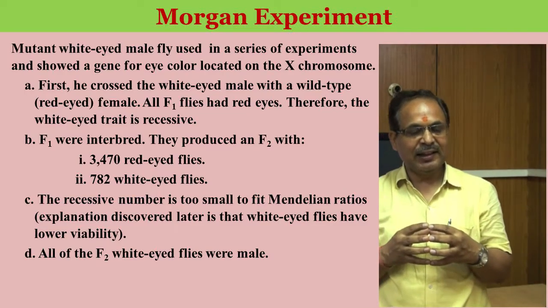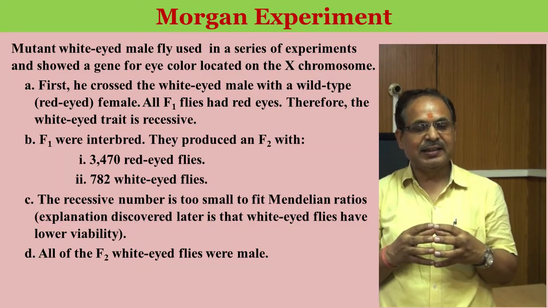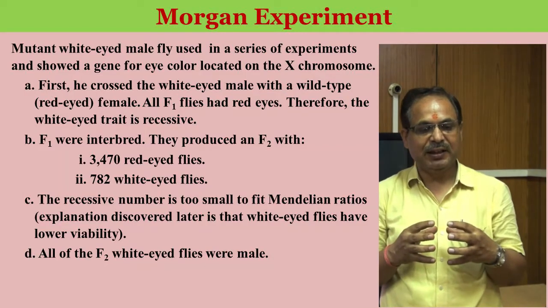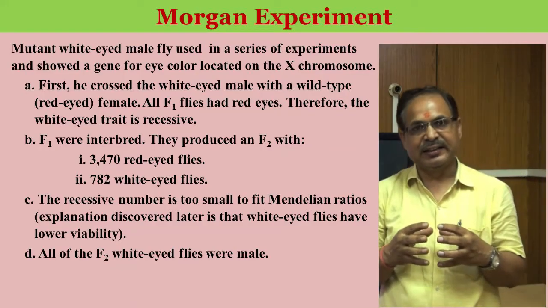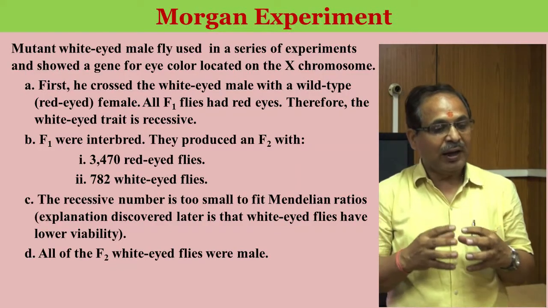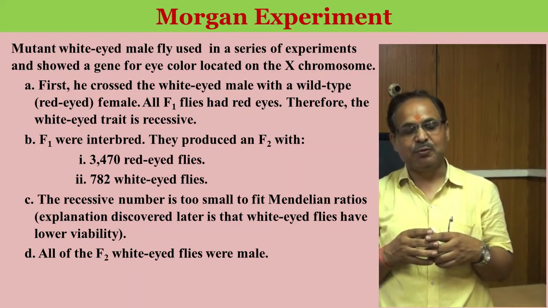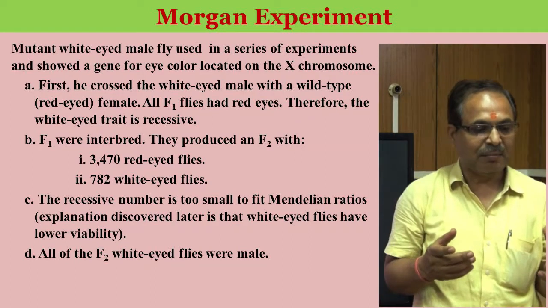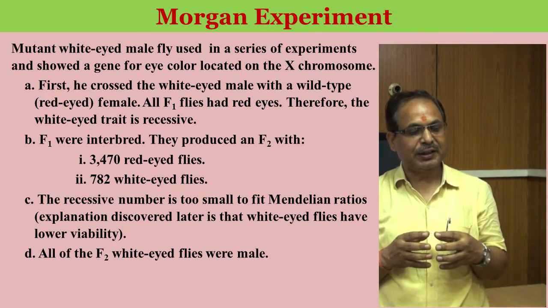In that case, all F1 flies had red eyes. Therefore, it can be understood that the white-eye trait is recessive. When the F1 were interbred, they produced the F2 with different numbers, and the frequencies do not follow the Mendelian ratios.